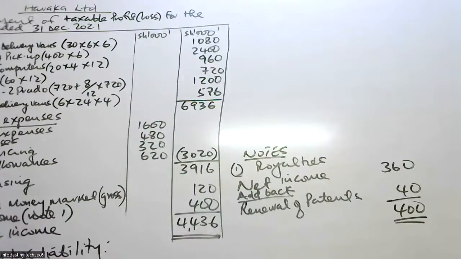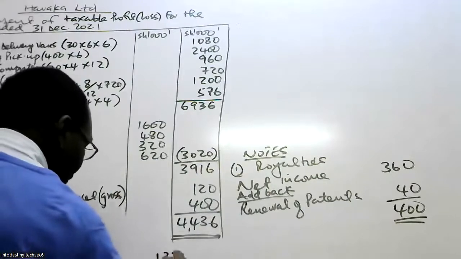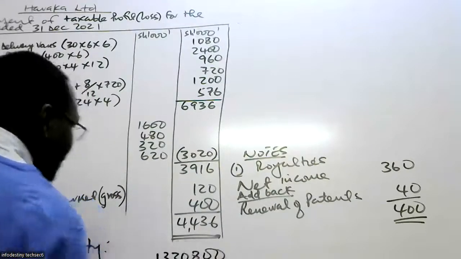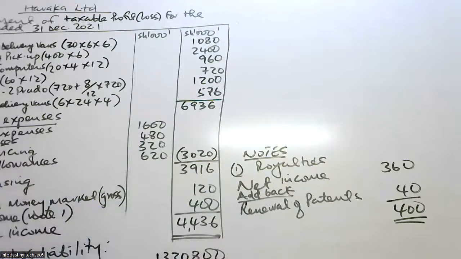We take 30% of that. Haraka is a company. So you get 13,800. Then you lessen withholding tax. There are two incomes you're taxing twice, interest and royalty. So you lessen withholding tax.